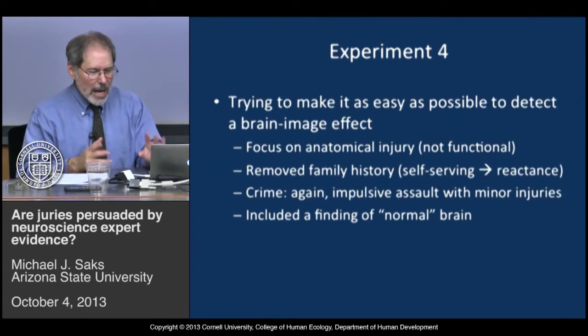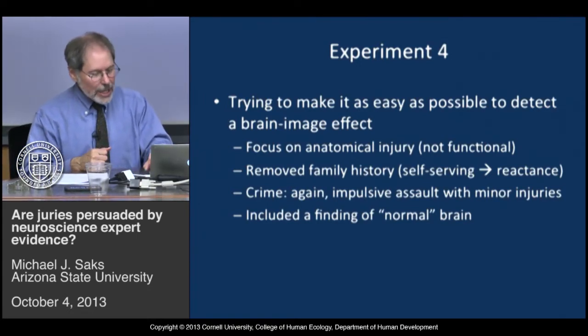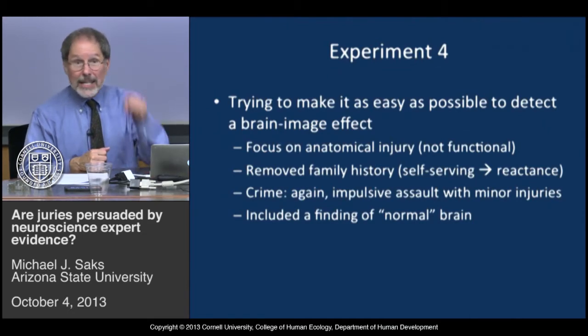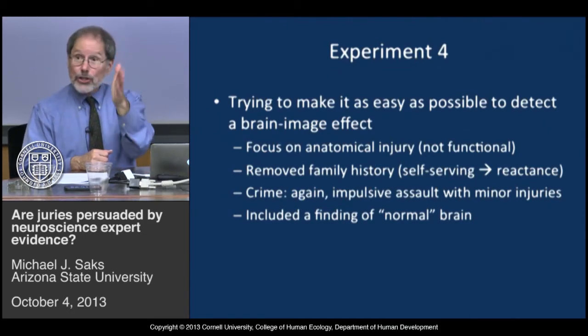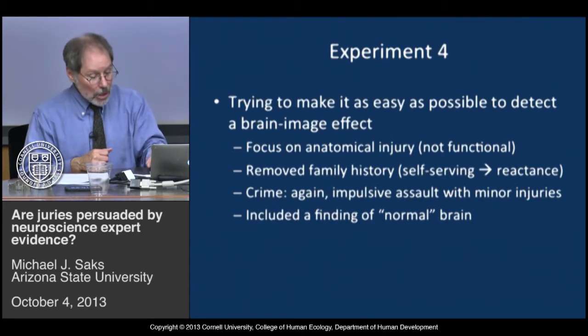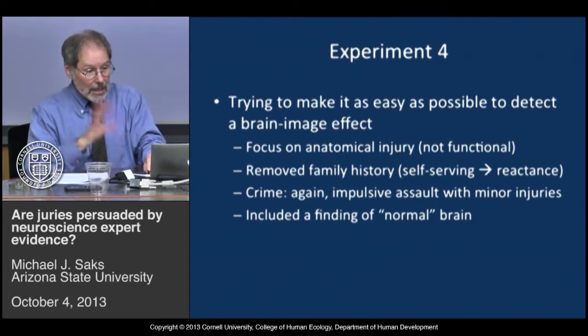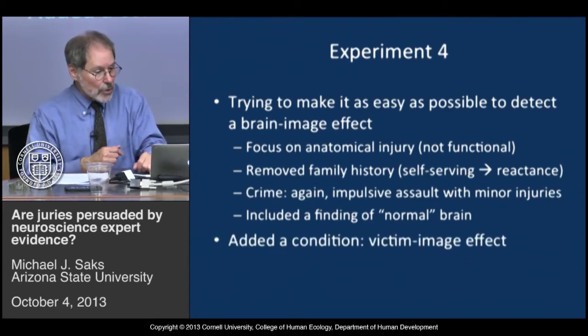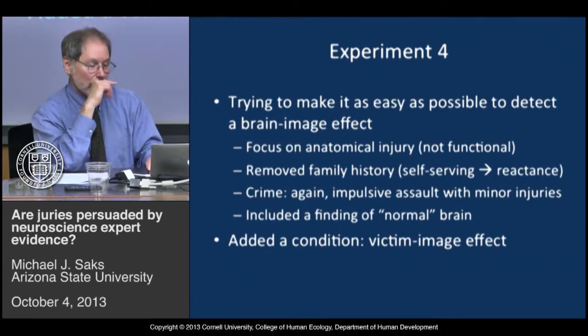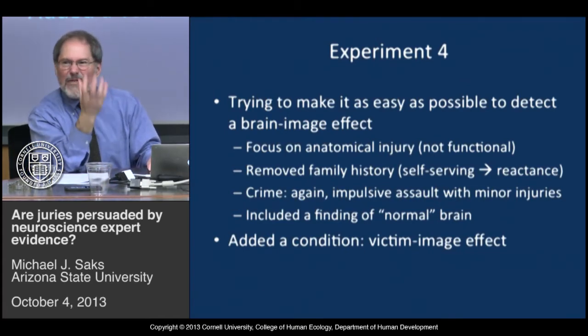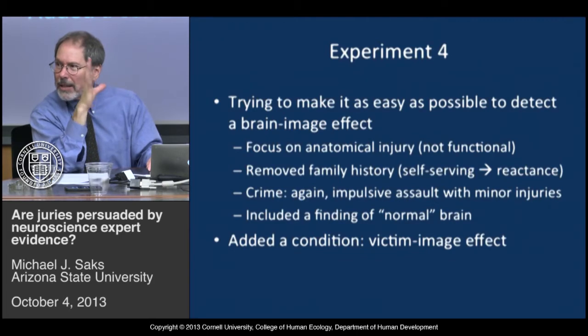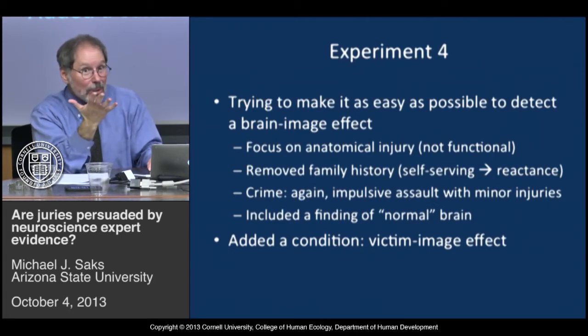And we included, I forget why we did this, a condition where the finding is, look, the brain image shows a normal person. He can't use his mens rea excuse. We added another condition. We're still trying to get some effect to show that people are reacting when there's something to react to.